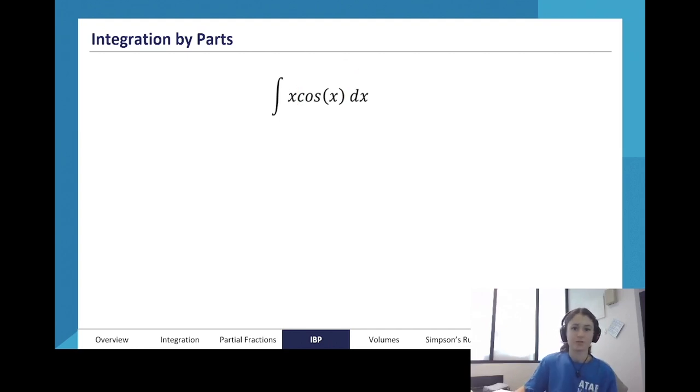In this situation, we've ruled everything out, except for integration by parts. So how do we know that we should use integration by parts? What we need to recognize is that the integral of one of the functions or the derivative of one of the functions is going to make things easier for us, because you remember our formula is the integral of uv dash equals uv, take the integral of u dash v.